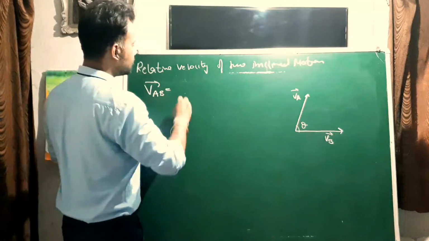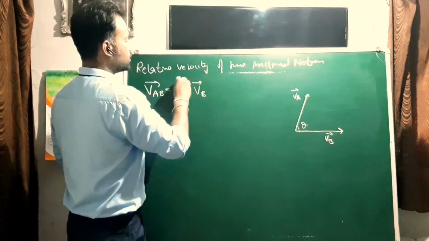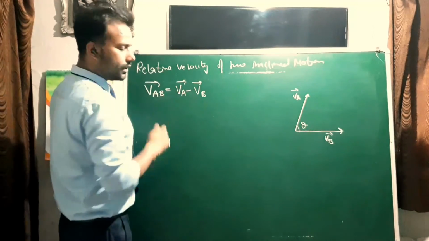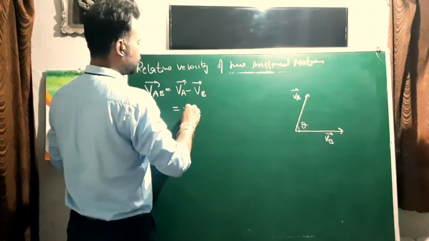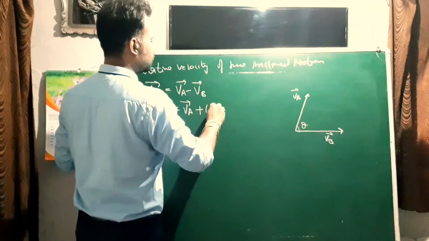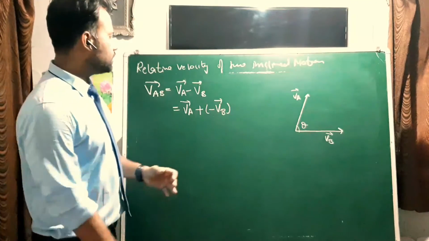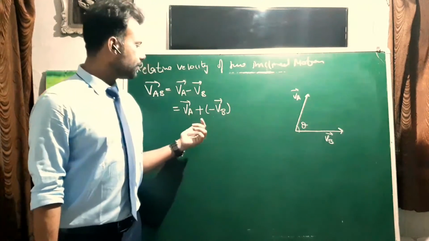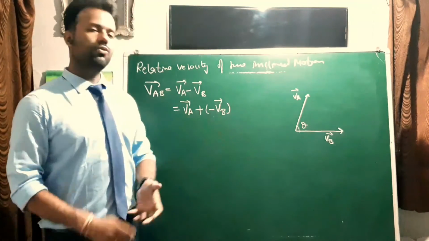VAB can be written as VA minus VB. We have just discussed this. Now, can this expression be written like this: VA plus minus VB? What does it mean? That means we are adding the negative vector of VB to VA.